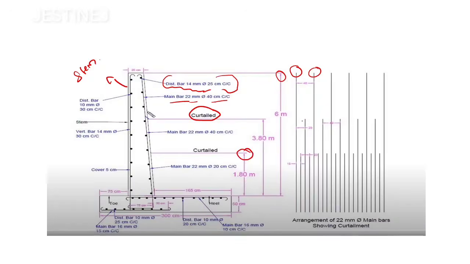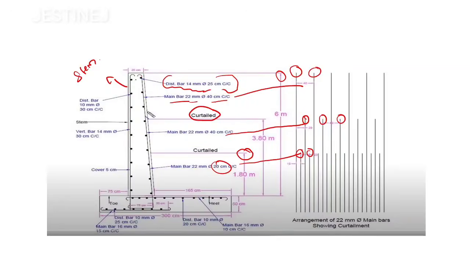The bars are cut off at this particular level, that is 3.80, and the center to center distance is given as 40 centimeter. Here this distance is also given as 40 centimeter. In the third case, that is 1.80, the distance is 20 centimeter only.